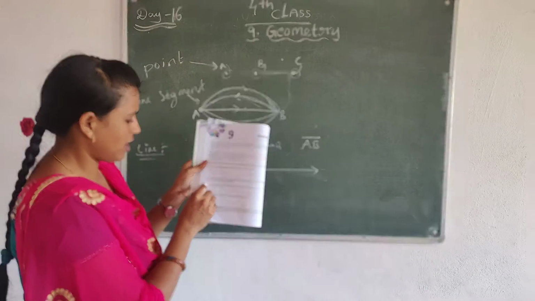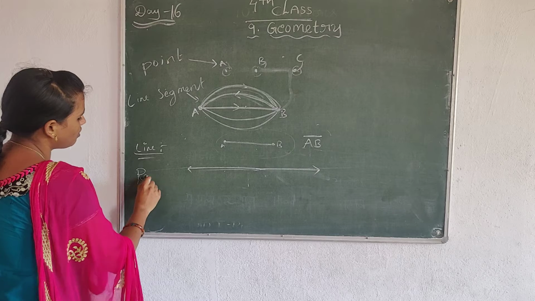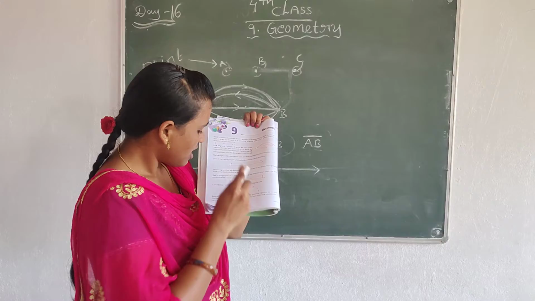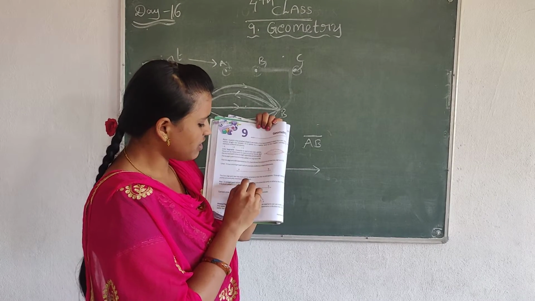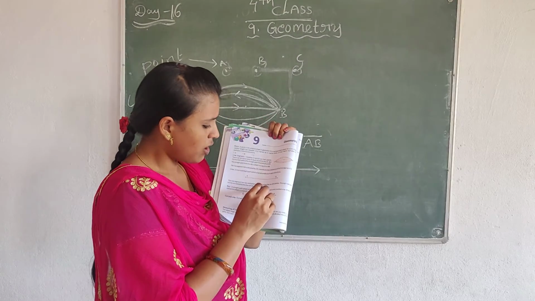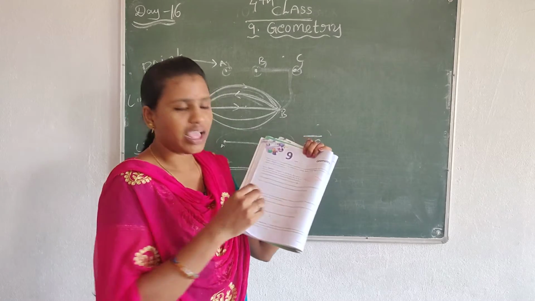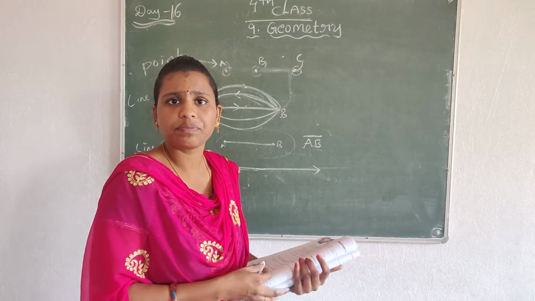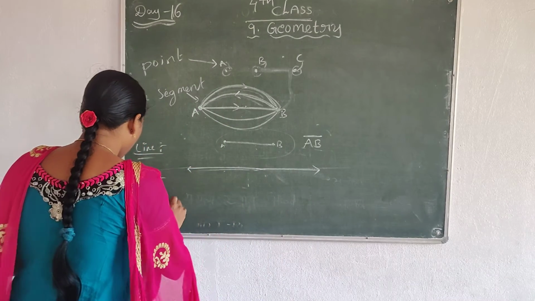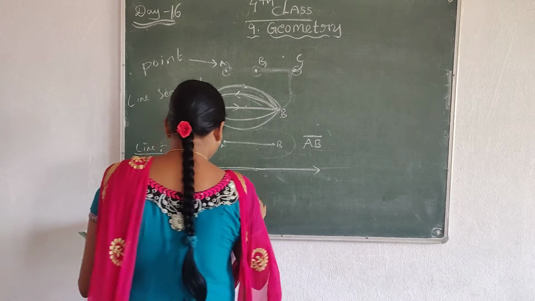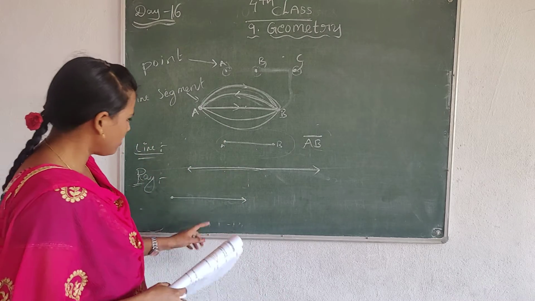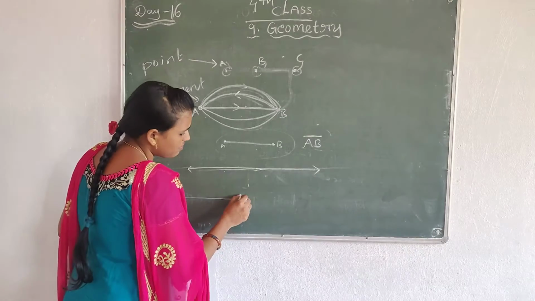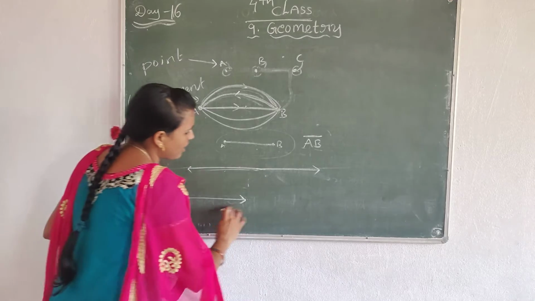Let's see ray. What is a ray? A ray means a straight path which extends endlessly in one direction. For example, take a point. This is a ray. It extends endlessly in one path.